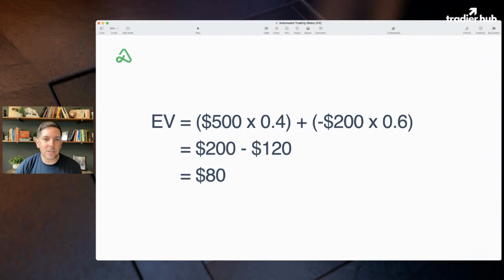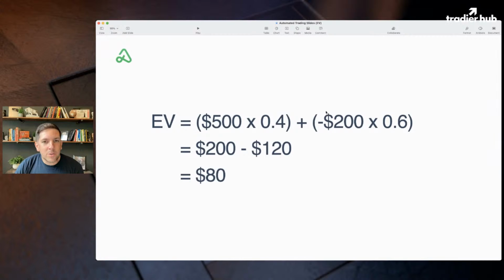So that calculation goes something like this. The expected value, EV, is the amount of money that you will win, which is $500, times the probability of winning. That's 40%. You add that to the amount of money you will lose times the probability of losing, which is 60%.